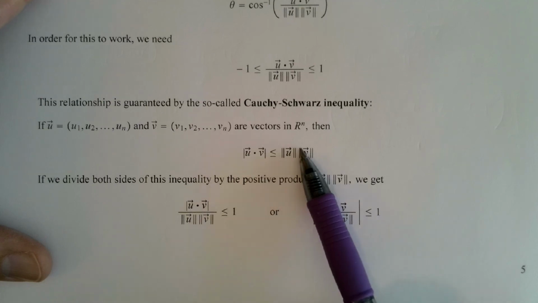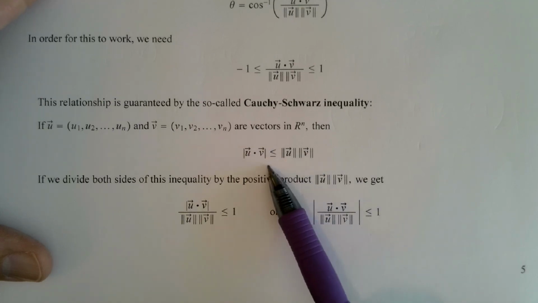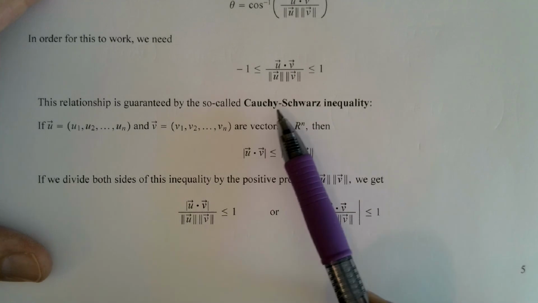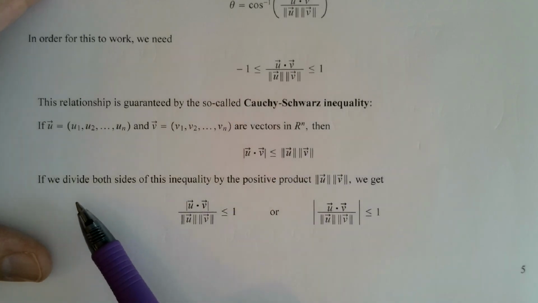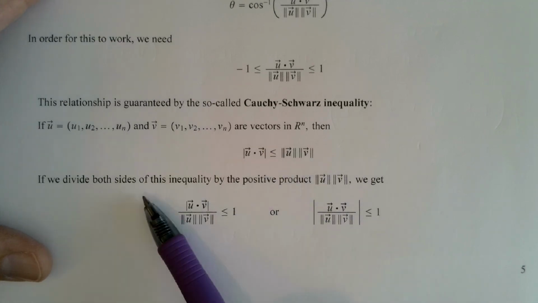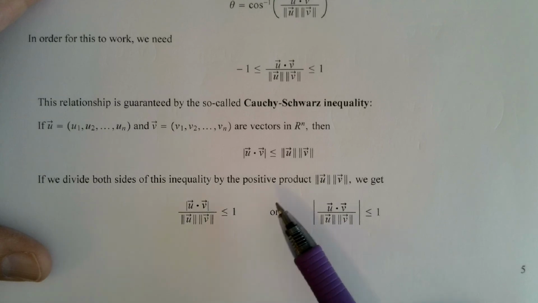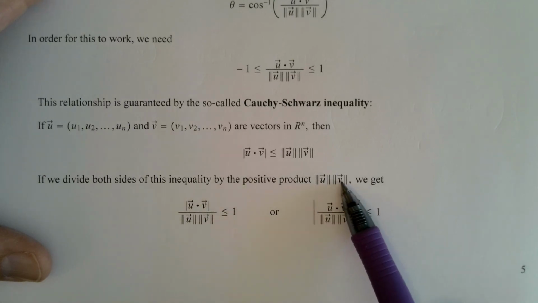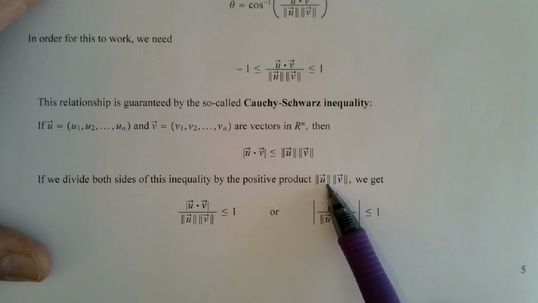I'm not going to prove this Cauchy-Schwarz inequality, but I'm going to use it to basically prove this, and that is looking at this expression here. Looking at this inequality here, notice we can divide both sides by this product, right? Positive product, again assuming u and v are non-zero.